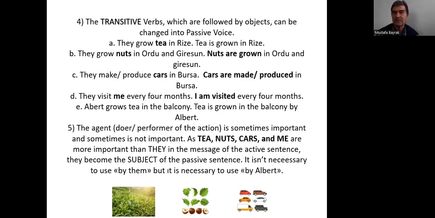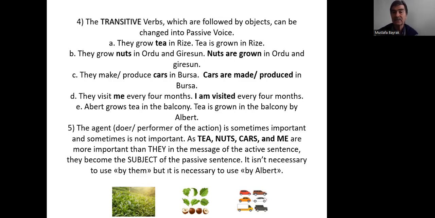Albert grows tea in the balcony. Tea is grown in the balcony by Albert. Okay. 5, the agent or doer or performer of the action is sometimes important and sometimes is not important, as tea, nuts, cars, and me are more important than they in the message of the active sentence. They become the subject of the passive sentence.